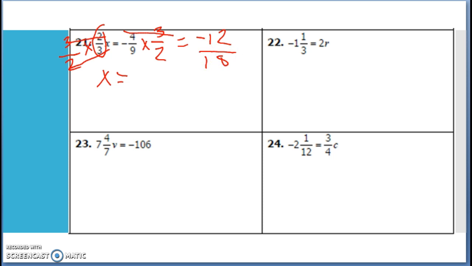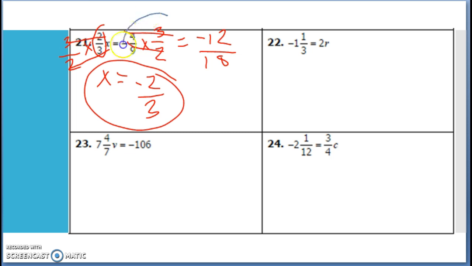Second PRB. And it simplifies to negative 2/3. We could also just type in our calculator from this step right here. Negative 4/9 times 3 over 2 using our fraction button.